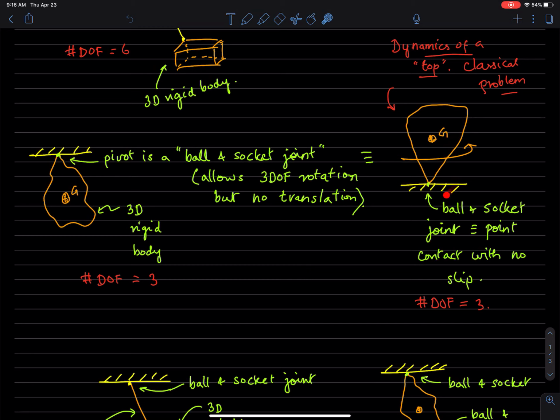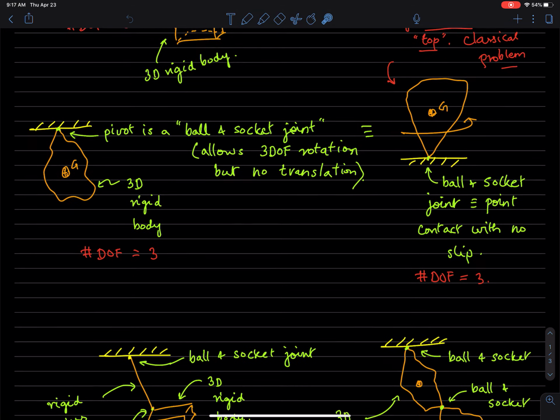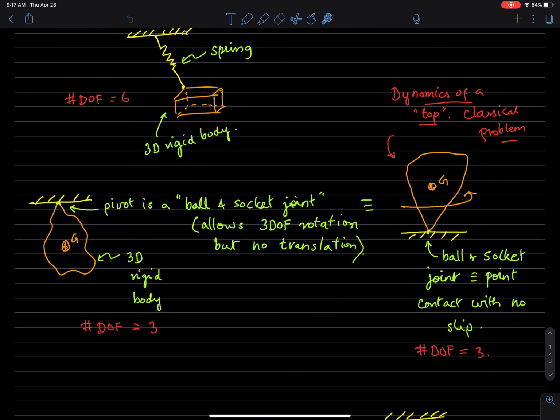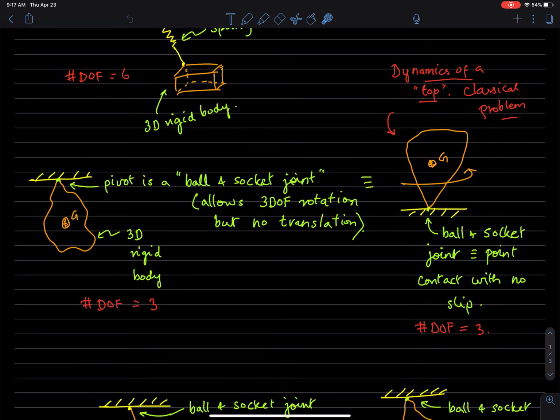This system is analogous to what would be called a top, a children's top, which is a very classical problem. Usually we consider an axisymmetric version of the top, but you can imagine non-axisymmetric versions as well as here. Okay, so this problem is qualitatively different from the previous problem in some sense.